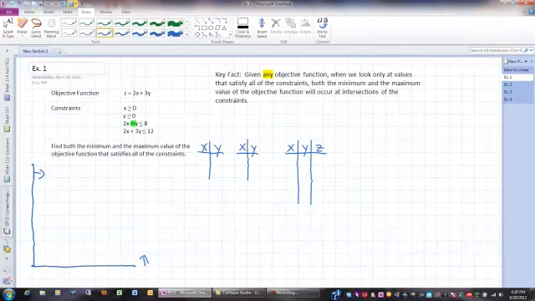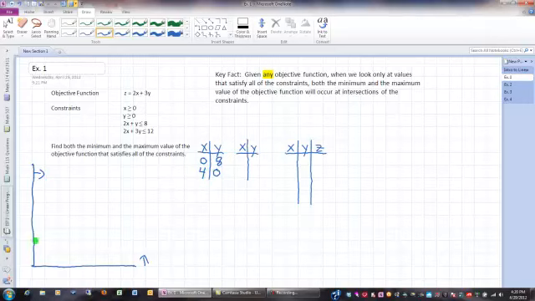Next, we have 2x plus y is less than or equal to 8. Just like with all inequalities, we'll start by graphing it as if it was an equation. So if x equals 0, that leaves us with y equals 8. And if y is 0, that leaves us with 2x equals 8, which gives us x equals 4.